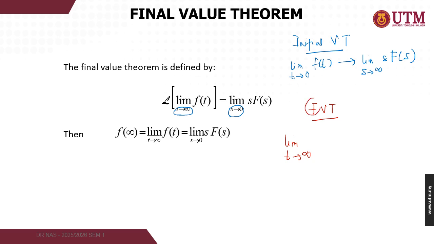When it is final, it means t approaches the last value, infinity, of f(t), and in the s domain, s approaches 0 of s F(s). Initial means earlier, so t approaching 0; final means t approaching the last point, infinity, with s approaching 0 in the final value theorem and s approaching infinity for the initial value theorem.